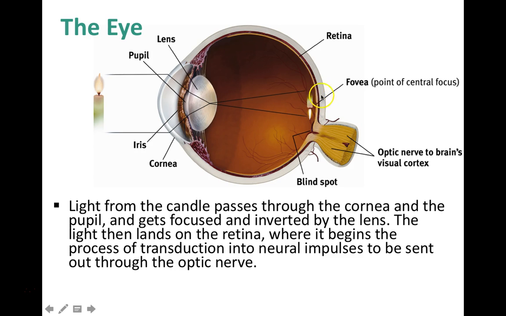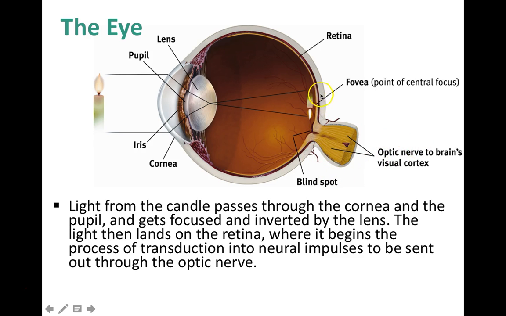Okay, and here at the retina is where the process of transduction into neural impulses to be sent out to the visual cortex, the occipital lobe, begins, and we would see the neural impulses being carried by bundles of nerves that basically form the optic nerve, which goes to the brain's visual cortex.